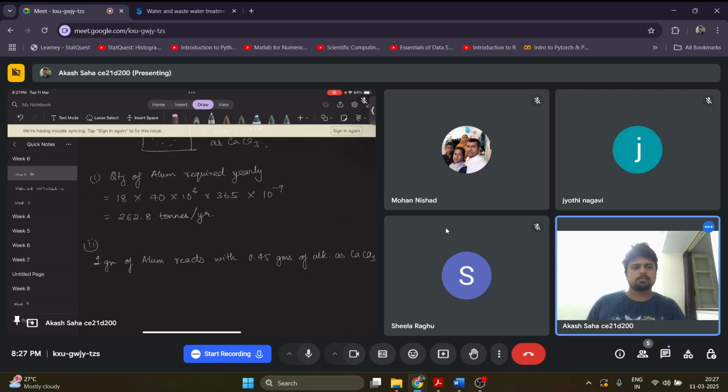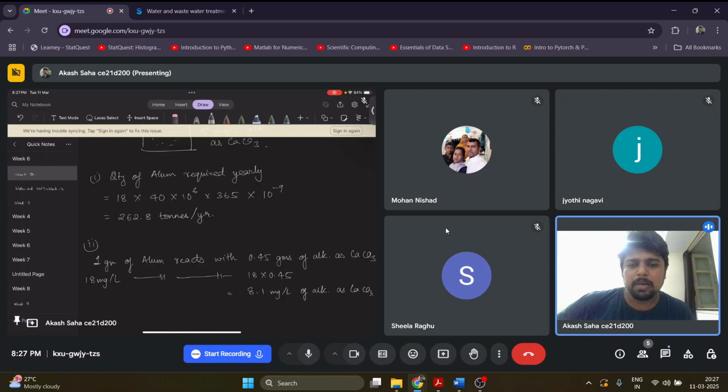So this is the thumb rule. So for 18 milligram per liter of alum, that will react with 18 into 0.45, or I can say 8.1 milligram per liter of alkalinity as CaCO3, right? Because 18 milligram per liter alum we are adding, so it will react with 8.1 milligram of alkalinity as CaCO3.